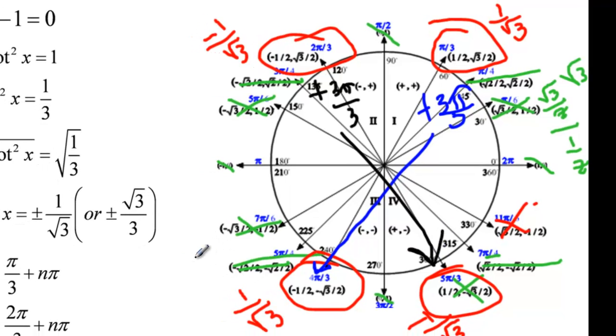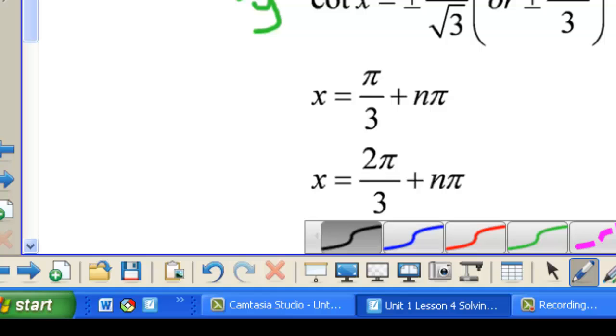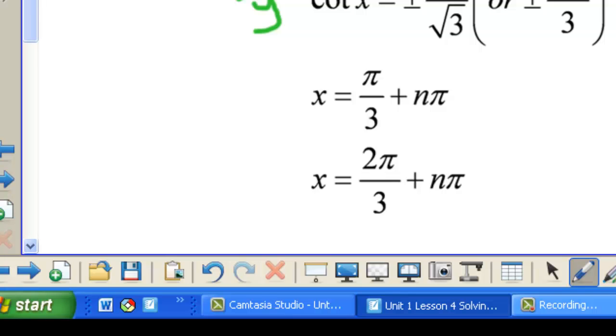So it's unnecessary to really list all 4 and then add 2 pi n to all of them. I can really just add the pi over 3, the 2 pi over 3, and that's going to take care of not only coterminal angles with pi over 3 and 2 pi over 3, but also coterminal angles with 4 pi over 3 and 5 pi over 3.